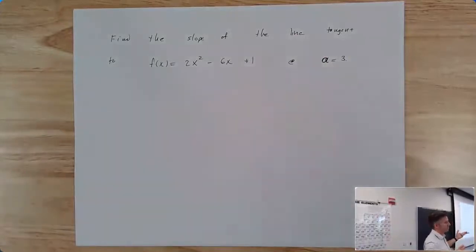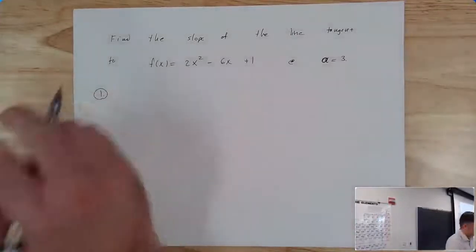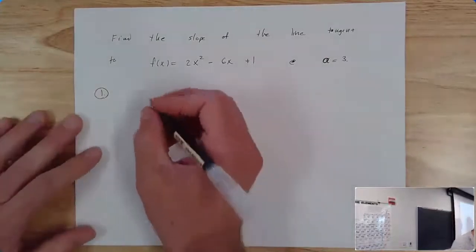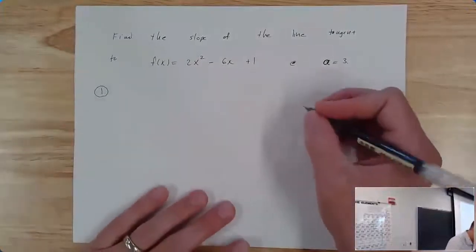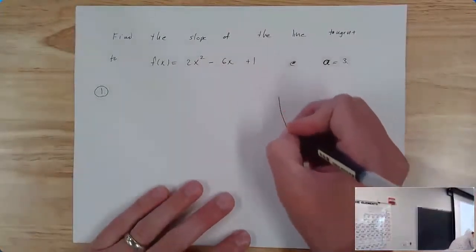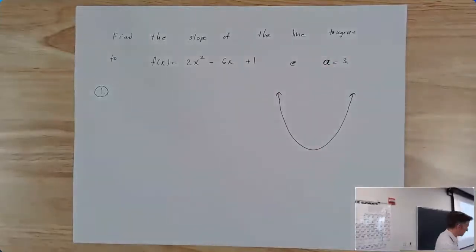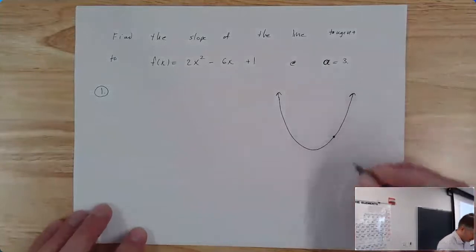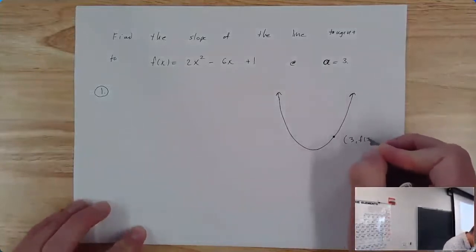One way is the way that's more work generally. So method 1 would be to find the slope of the tangent line at that point. So I'm going to draw a picture again. Sure, pictures are great. Here's my parabola opening upwards, and here's the point where a is equal to 3. So here's 3 comma f of 3.